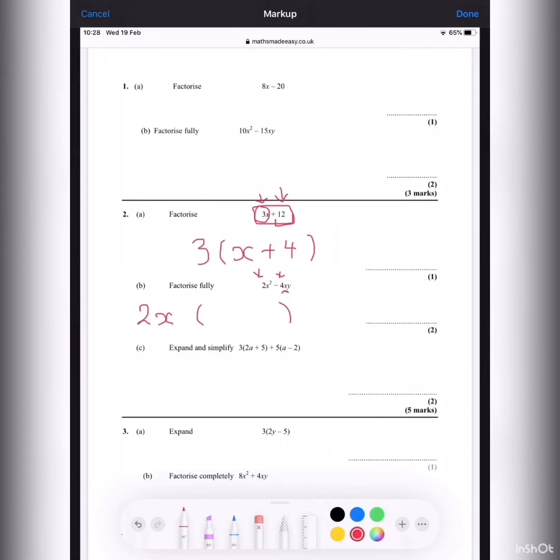And we can't take any y's because we don't have a y here. So the outside of our bracket is just 2x. And now we need to fill the inside out. So what do we times 2x by to get to 2x squared? Well, it's just x. And to get to minus 4xy, it must be 2y.